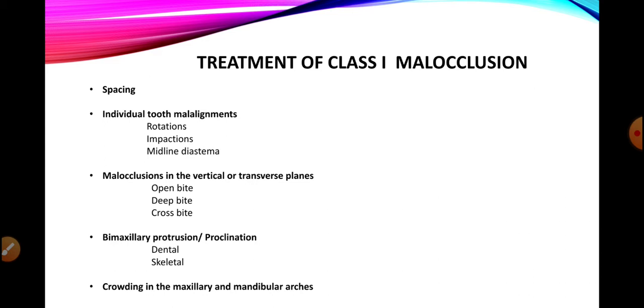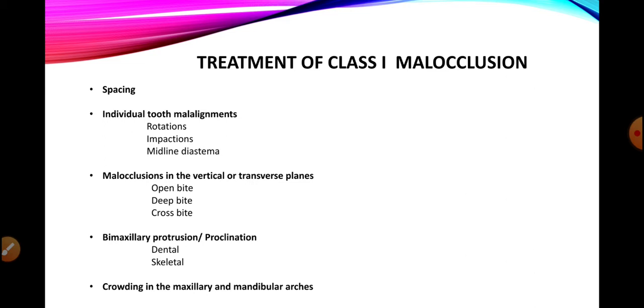They can be seen in cases of class 1 malocclusion, but usually the severity is less as compared to the other malocclusions. Or we can see a bimaxillary protrusion or proclination, in which bimaxillary proclination means that both the teeth are proclined, or both the jaws are proclined.